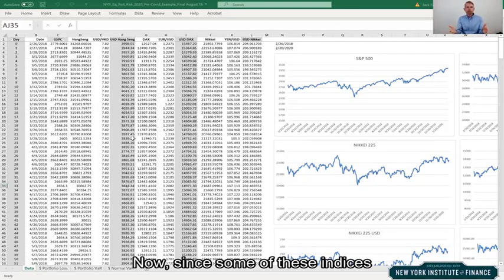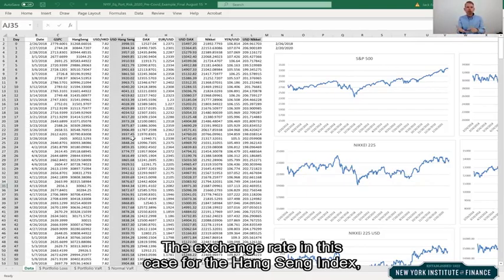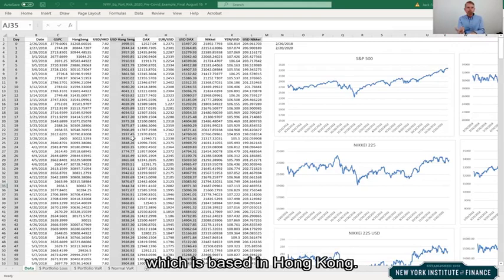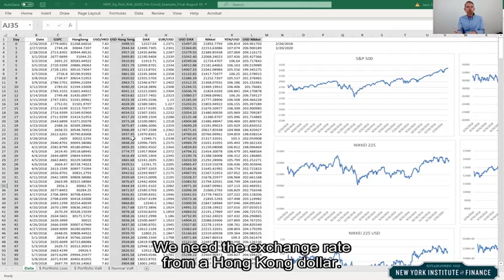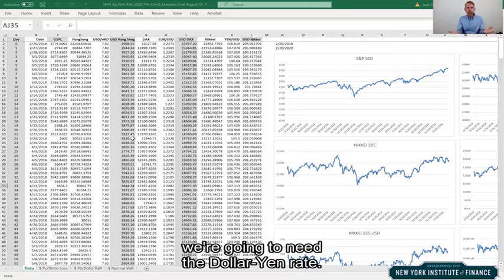Since some of these indices are not denominated in dollars, we're also going to need information about the exchange rate. For the Hang Seng Index, which is based in Hong Kong, we need the exchange rate for the Hong Kong dollar. For the Nikkei Index, which is based in Tokyo, we need the dollar yen rate.